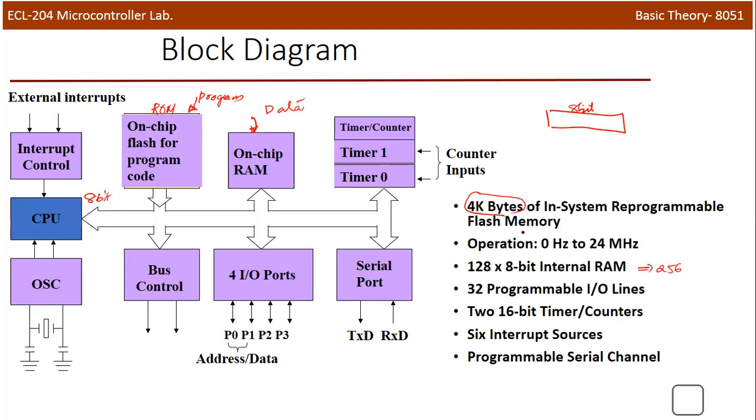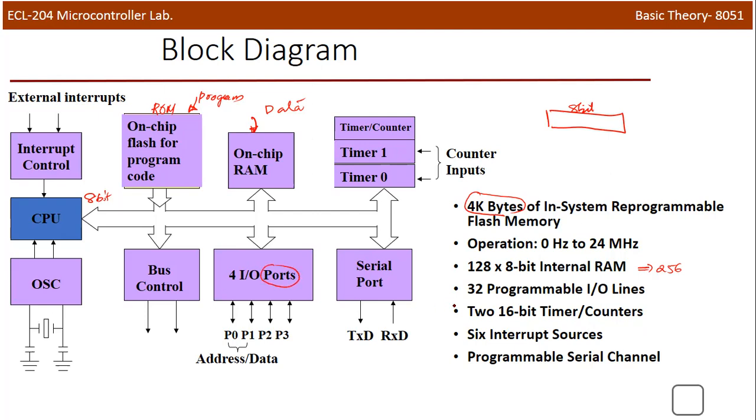Another important feature is the 32 programmable input-output lines. If you want to connect this microcontroller to the external world, for example, to connect an LED or a keyboard, we need some pins. Those pins are known as ports, input-output ports.